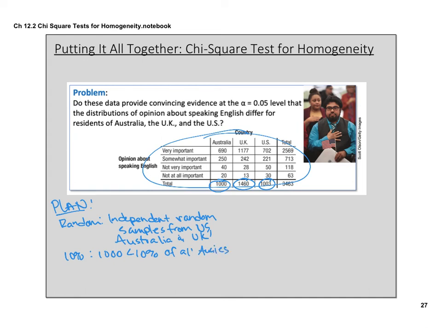I'm going to abbreviate there. 1,460 is less than 10% of all UK residents, and 1,003 is less than 10% of all US residents. Okay, check.